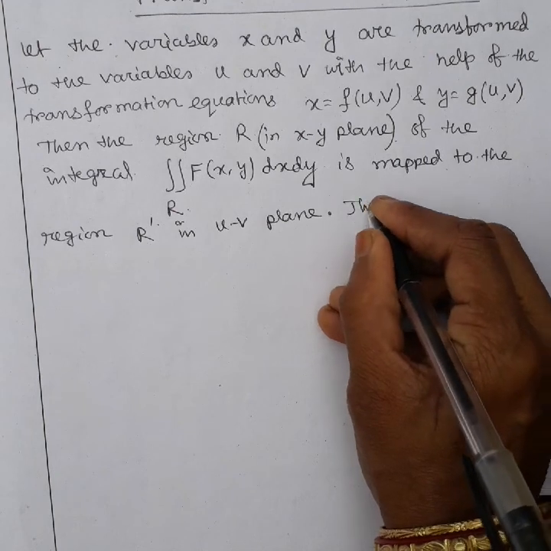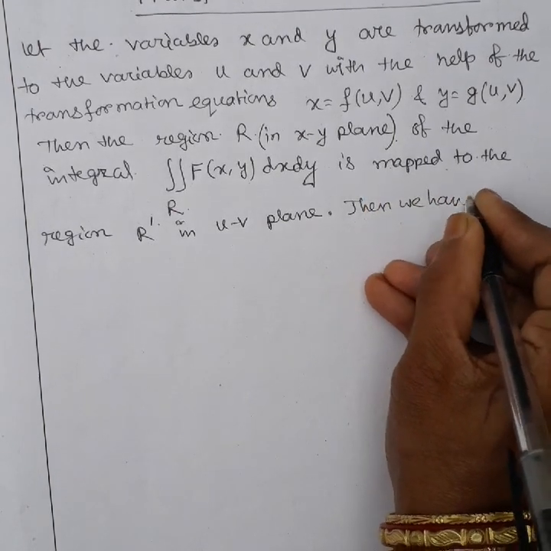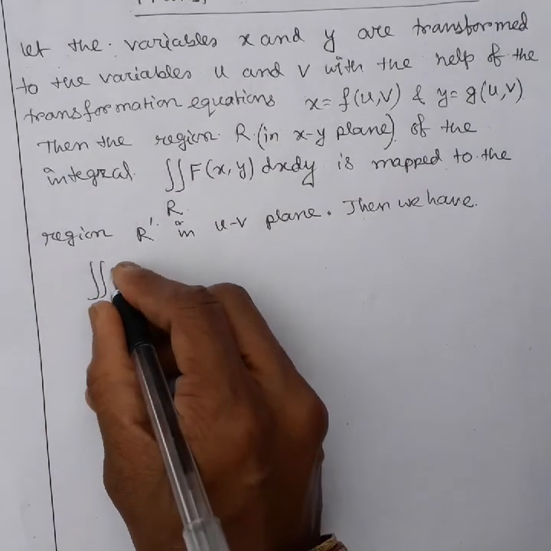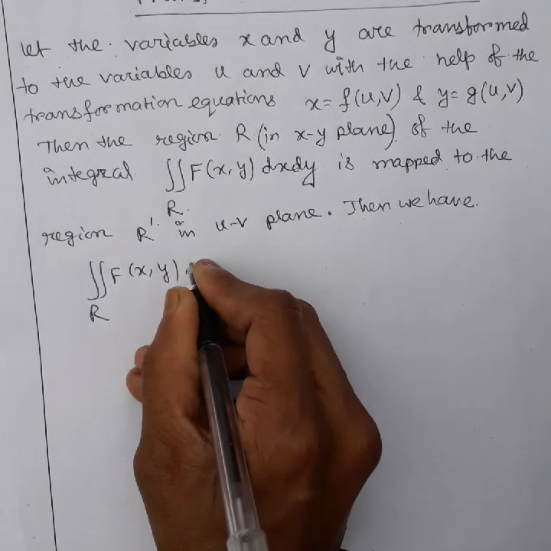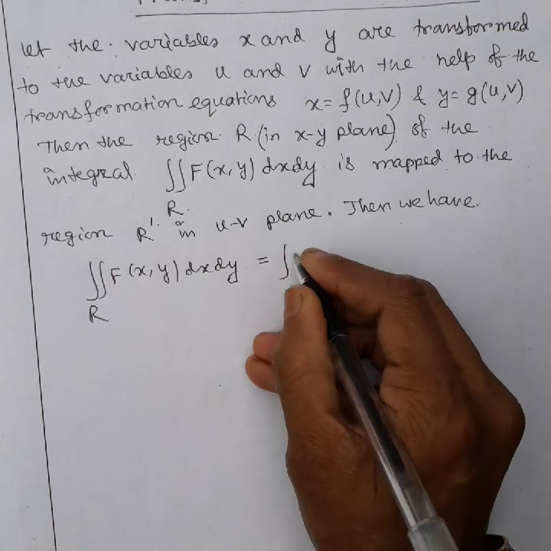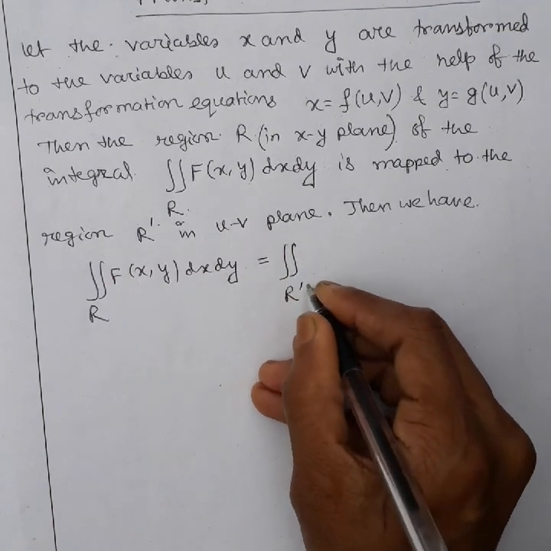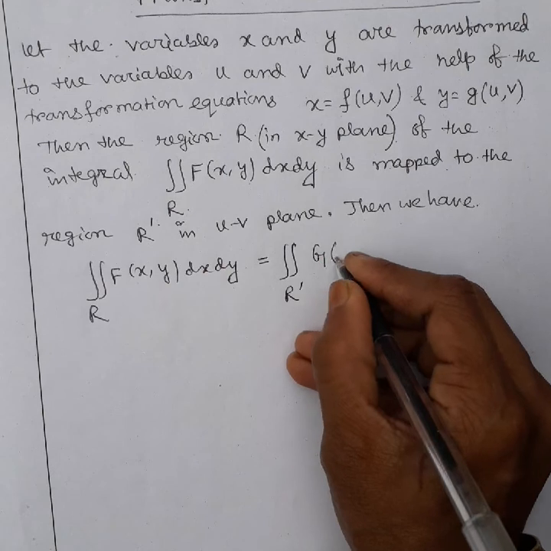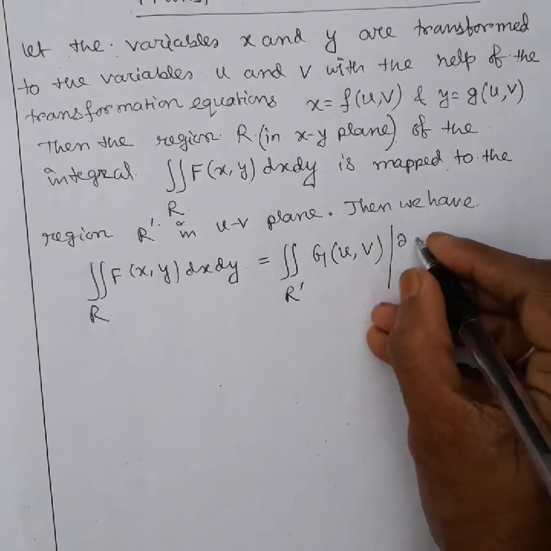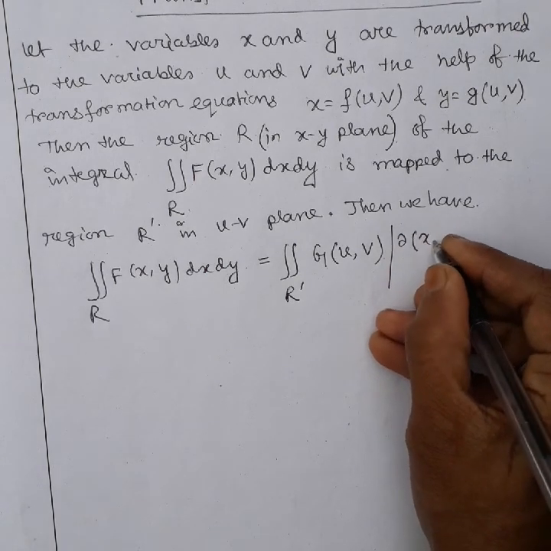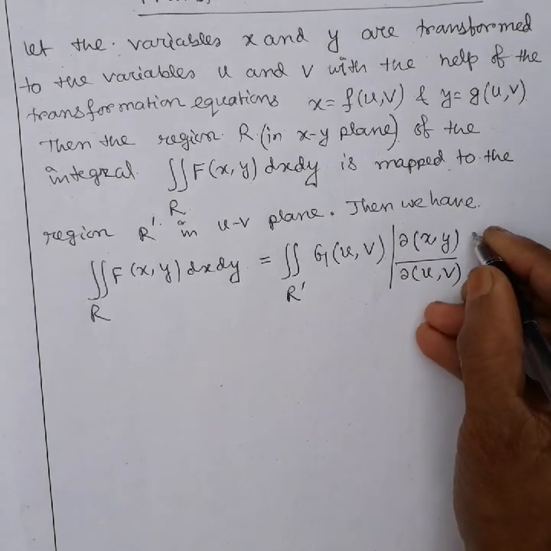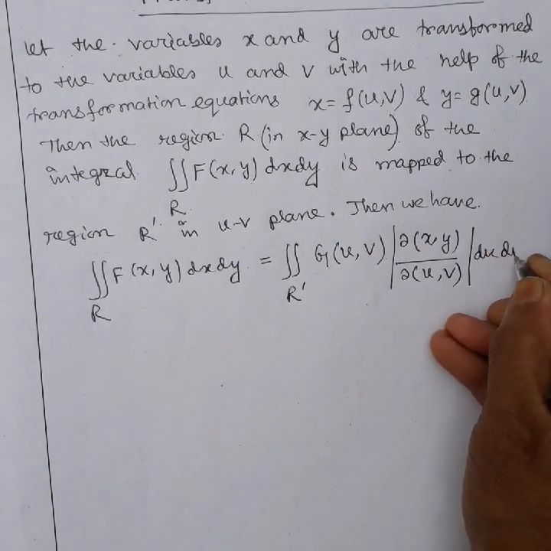Then we have double integration over the region R of F of x y dx dy, which is equivalent to double integration over the region R dash of function capital G of u v and the Jacobian of del of x y by del of u v, du dv.